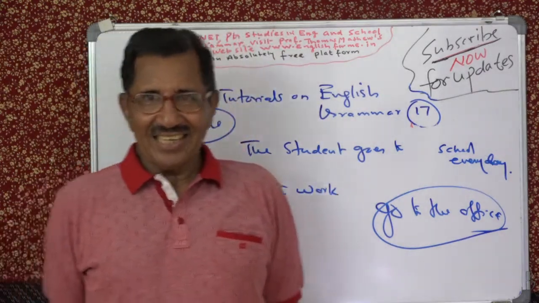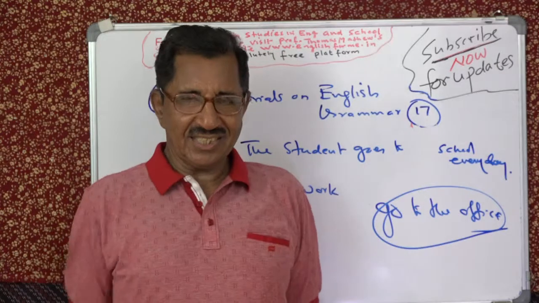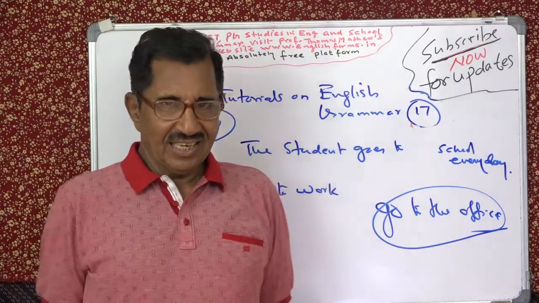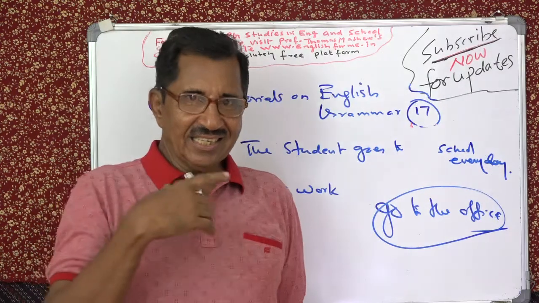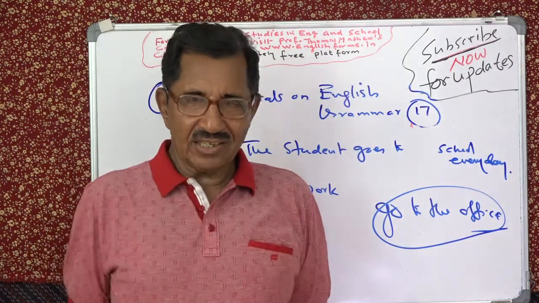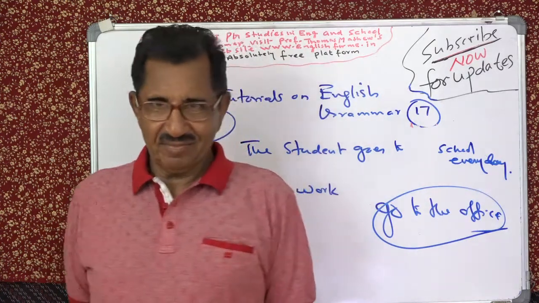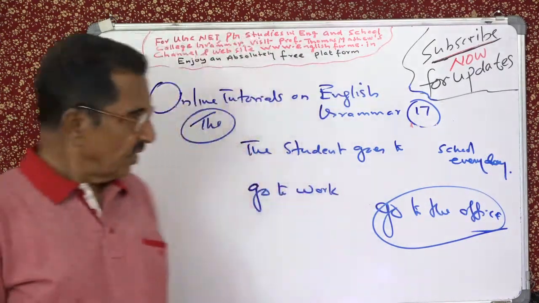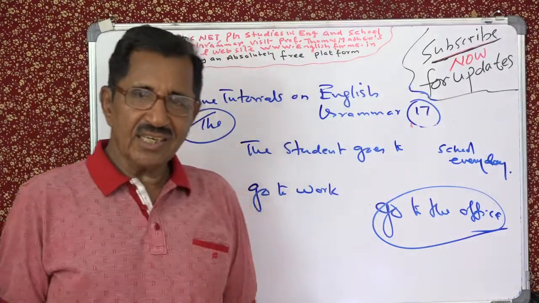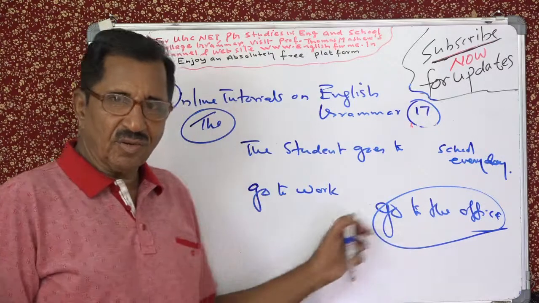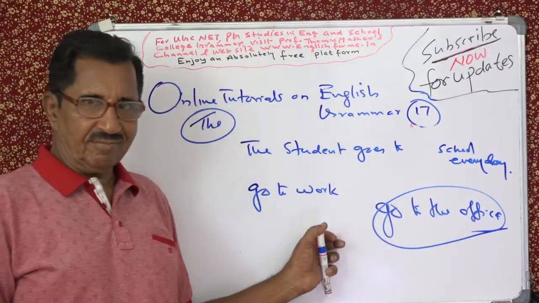Understand? The teacher went to the office. My uncle went to the office. Some people went to the office. So these are two expressions you have to study separately. Go to work, go to the office.